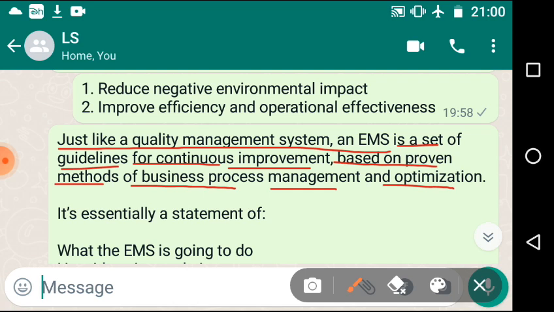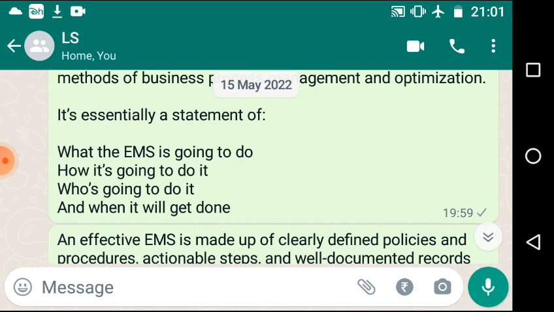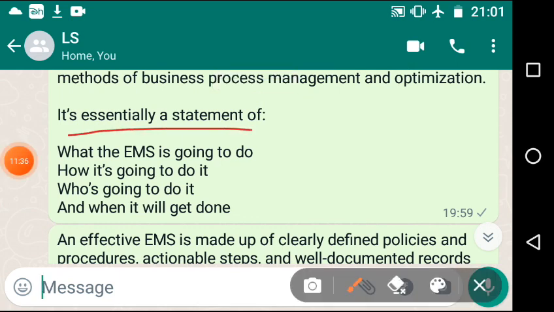Just like a quality management system, an environmental management system is a set of guidelines for continuous improvement based on proven methods of business process management and optimization. Well, optimization means what is the best way, what is the more effective way in that situation or from that resource.